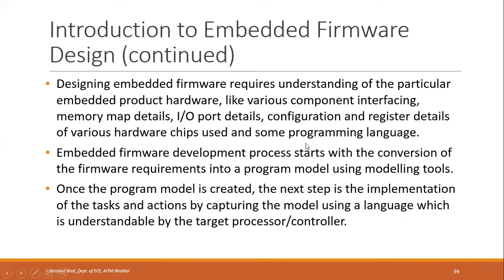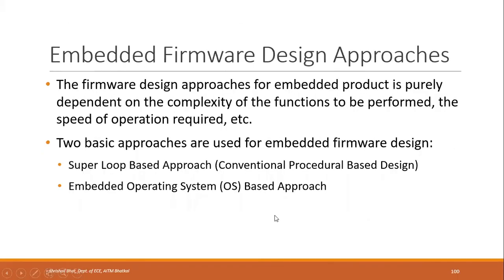Next step is implementation of the tasks and actions by capturing the model using a language which is understandable by the target processor or controller, by a suitable language. We need to capture that particular model and create or implement different tasks and actions. So we will see what are the different approaches we have for embedded firmware design.